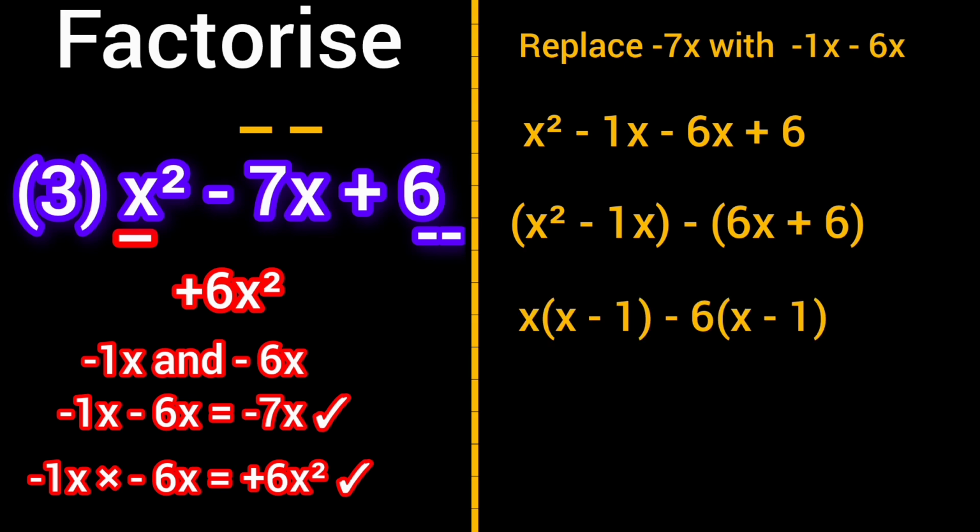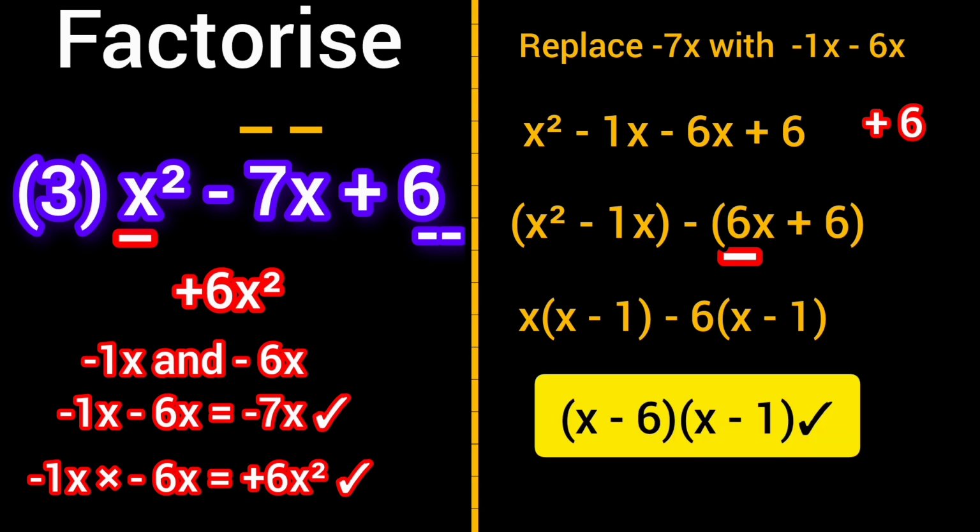We factor x out and we have x minus 1, close bracket, minus, then when you look at the other side, both of them have 6. We factor minus 6 out, we have x minus 1, bracket close. How do we get that minus 1? That is plus 6 divided by minus 6, then we are going to have minus 1.